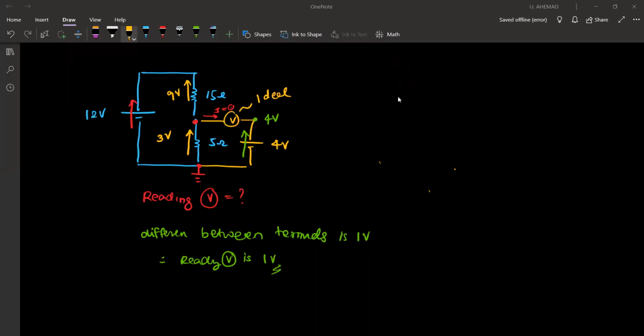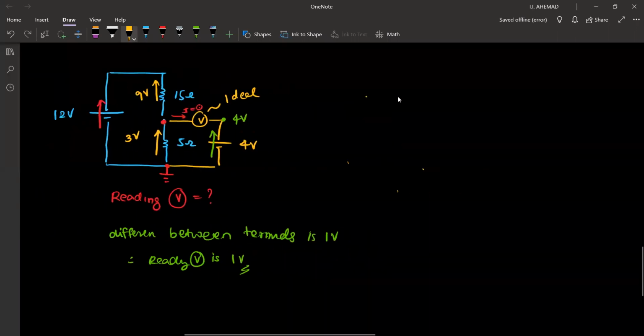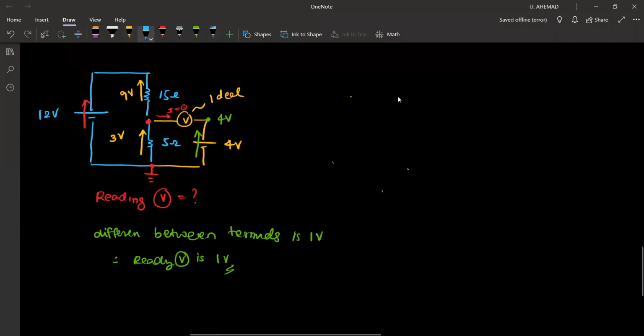So let's quickly try these questions in the past paper. Under combination of cells, try 2, 4, 7, 8, 9, 10 and 23, and in potentiometer 1, 3 and 14.